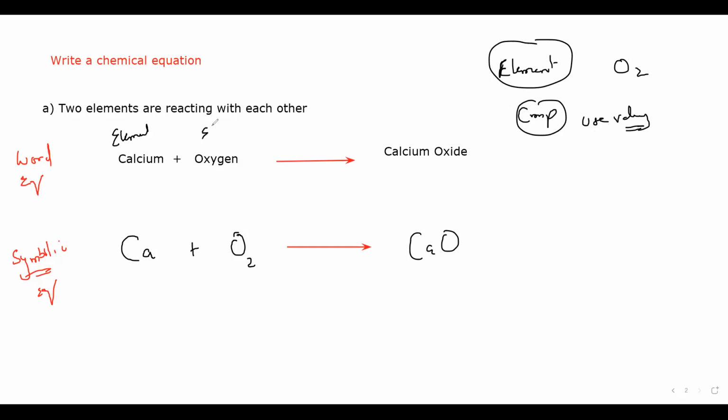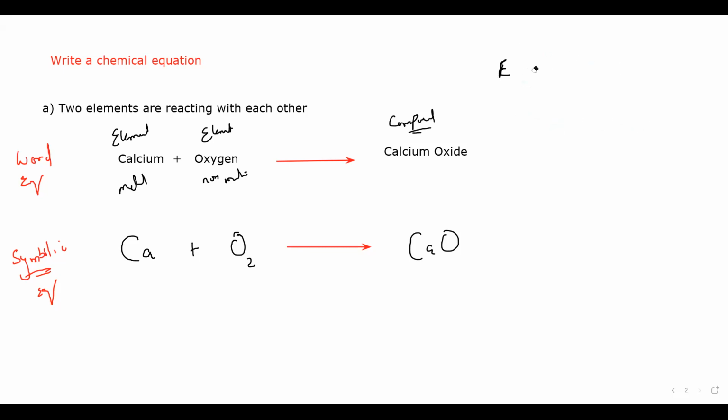When we are talking about an element, if the element is a metal, we write it as an atom. If the element is a non-metal, we write it as a molecule. But this is a compound and we already discussed how to write the formula of a compound. To write the formula of a compound, we will always use the valency. We don't bother about metal or non-metal. Is it clear till now how to complete the first part?